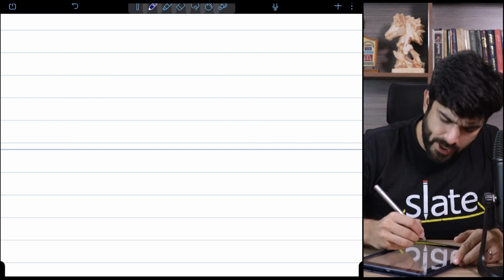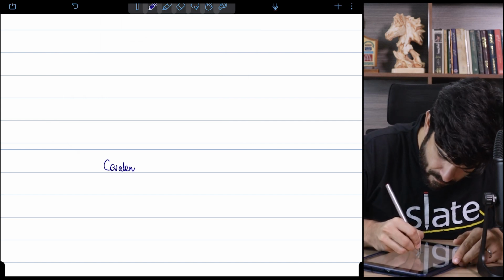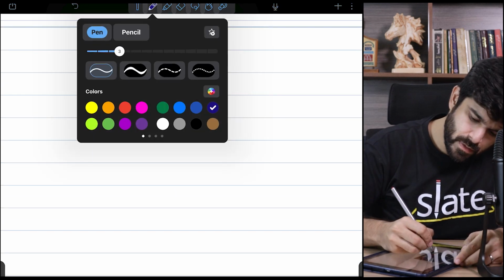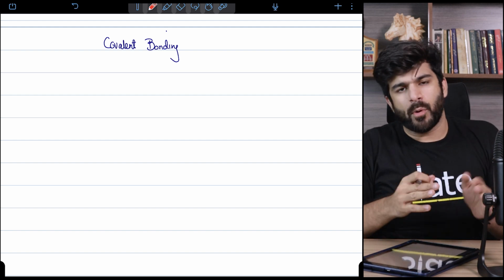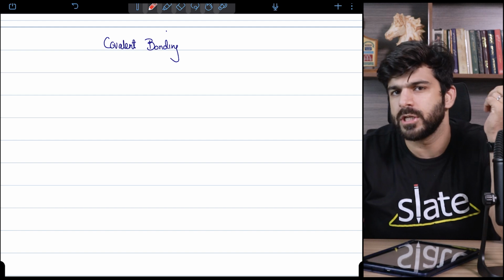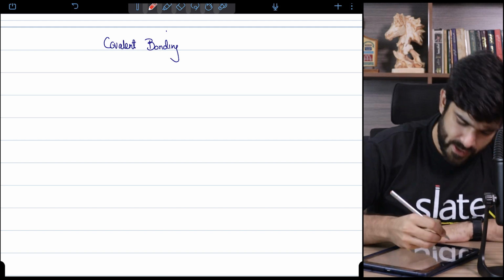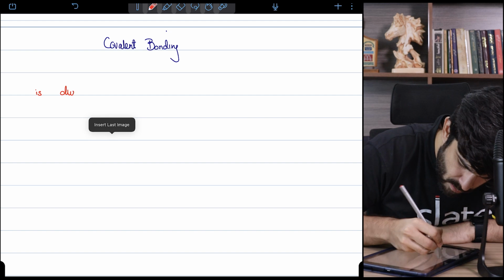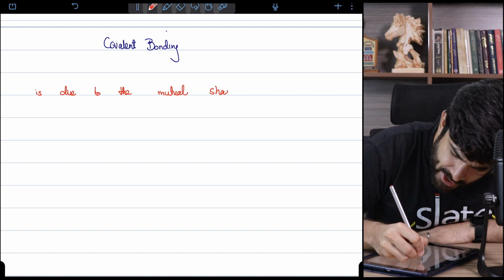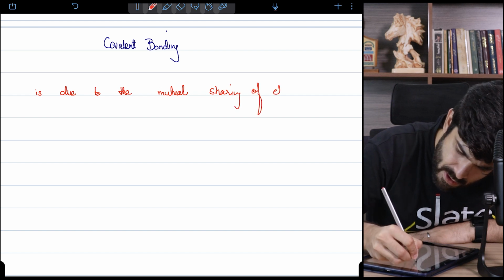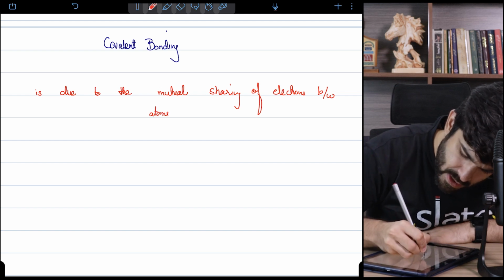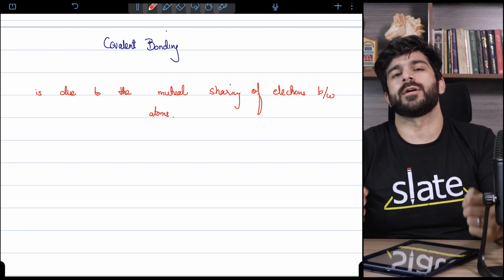So what do we know about covalent bonding? In the case of ionic bonding, there was a transference of electrons and it was held between two oppositely charged ions. But covalent bonding is due to the mutual sharing of electrons between atoms. The term is mutual sharing.